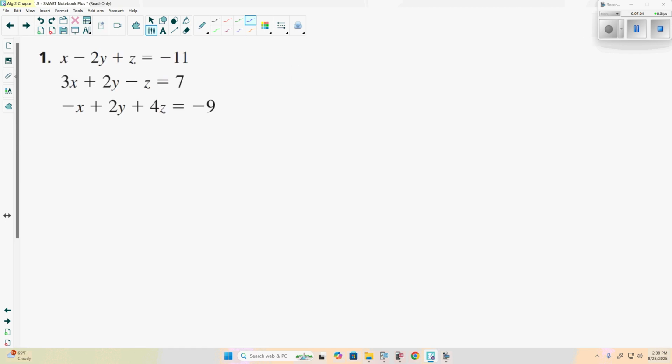We're going to look at 3 more. This next one here, we have our 3 variable, 3 system, 3 equations. Which variable do we want to eliminate first? X, Y, or Z?